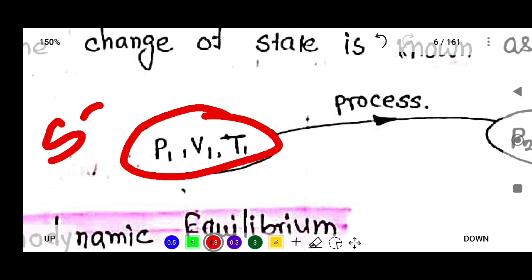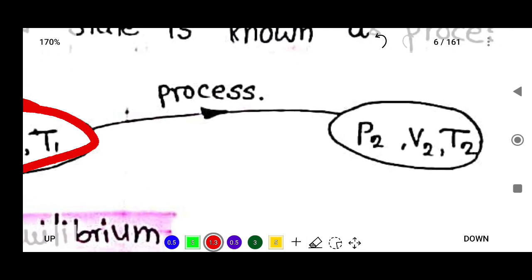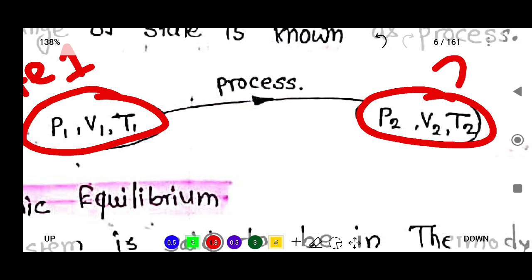This is state 1. And suppose there is energy interaction or mass interaction. Due to this the pressure is going to P2 and temperature is T2 and volume is V2. So here this is state 2.